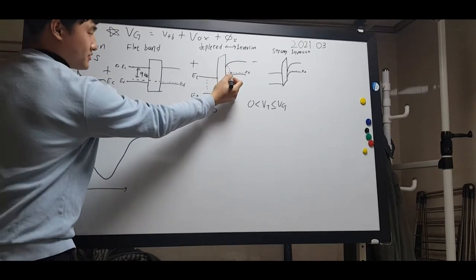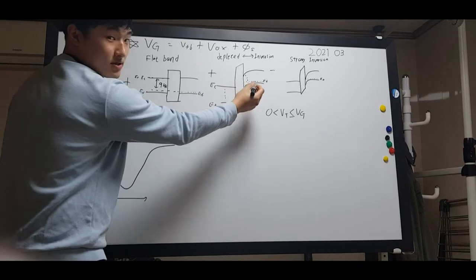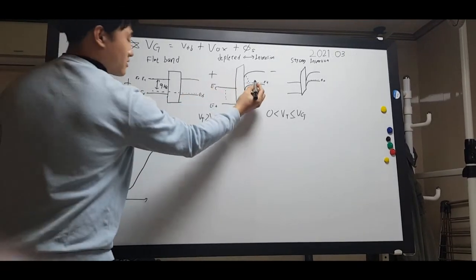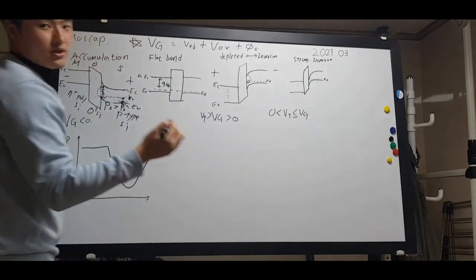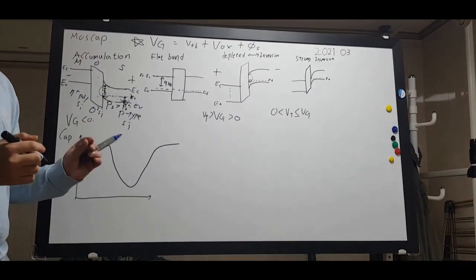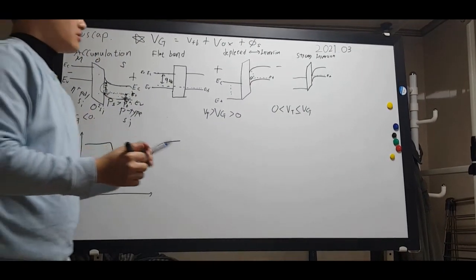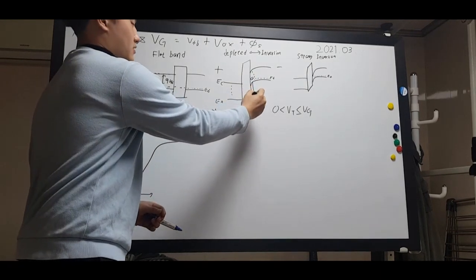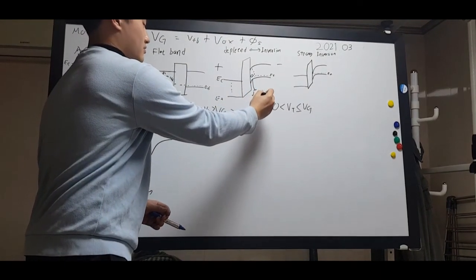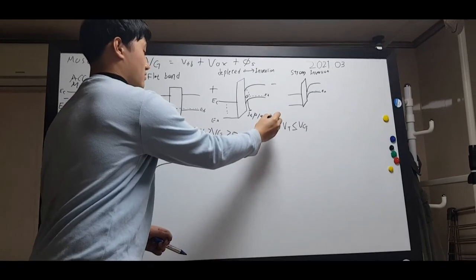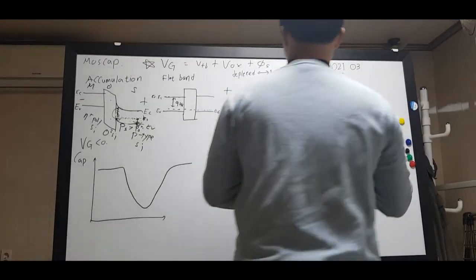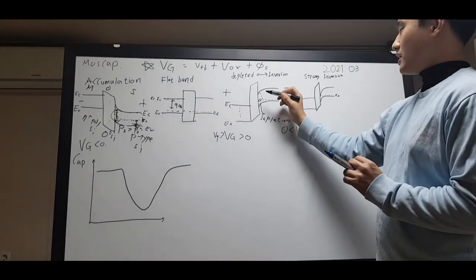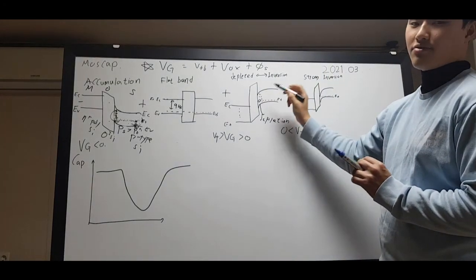When you see the surface energy band state, there are few or no carriers at the surface between the oxide and silicon. So here we make the depletion layer region. And one more thing is that electrons will start to gather here, but very slowly.